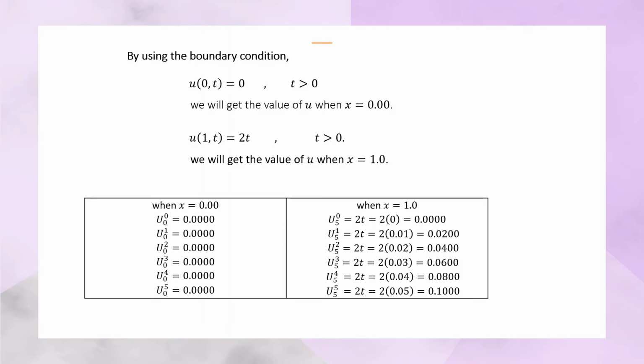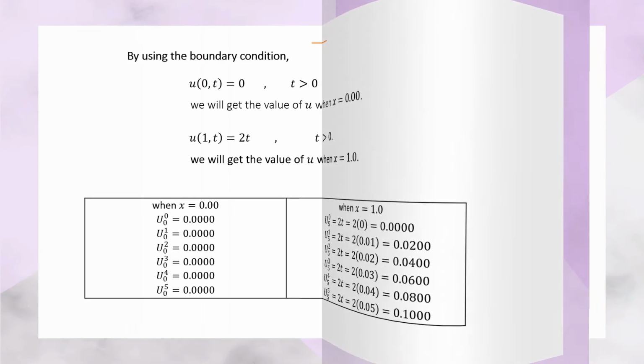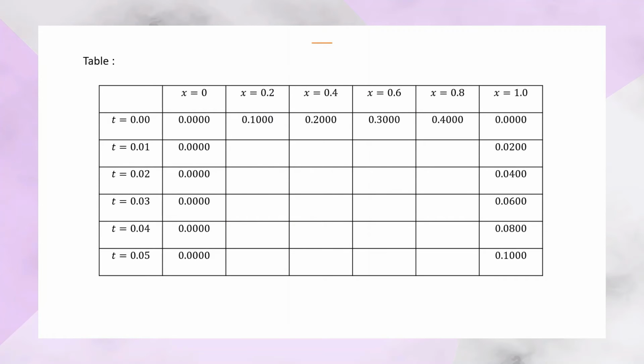While when x equals 1, the value of u50 is 0, u51 is 0.02, u52 is 0.04, u53 is 0.06, u54 is 0.08, u55 is 0.1, because we use the boundary condition u(1,t) equal to 2t. So, the values of the points obtained by using the boundary condition are shown in the table.